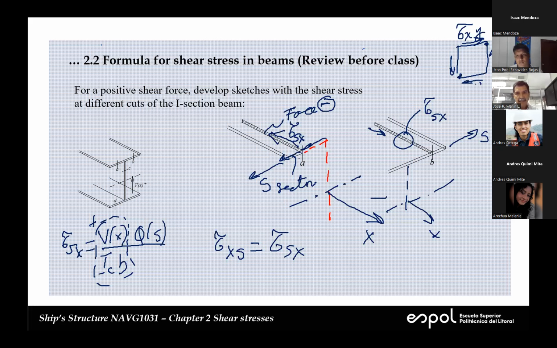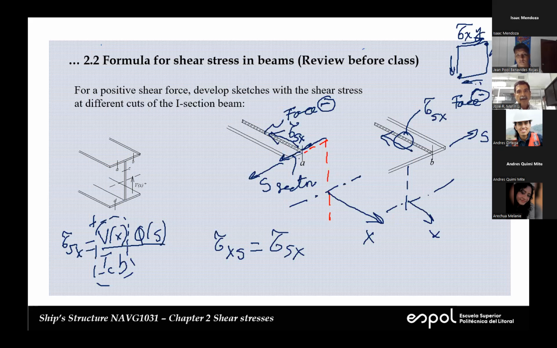Let's see. Now, if this is the direction of the cut, because that defines the sector we're analyzing, this is a negative face. So in a negative face, I would say that this is positive.